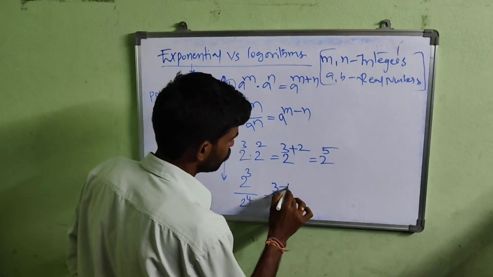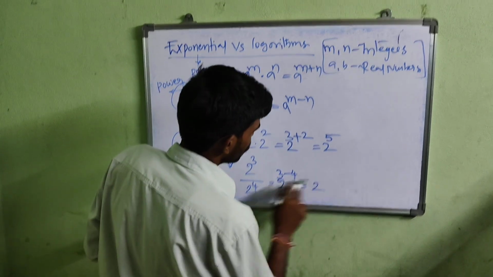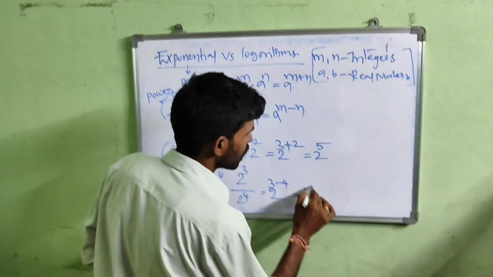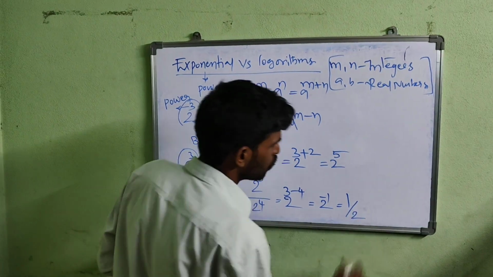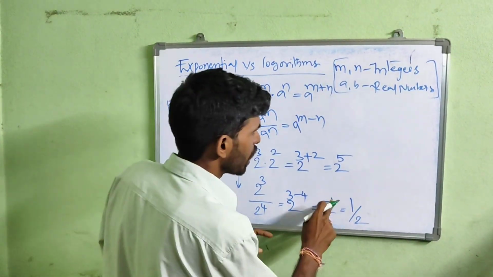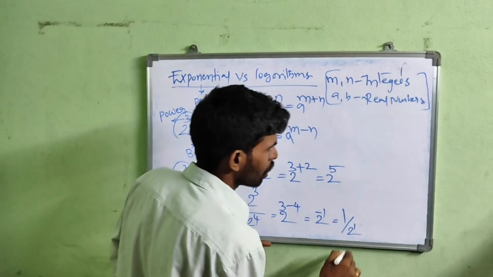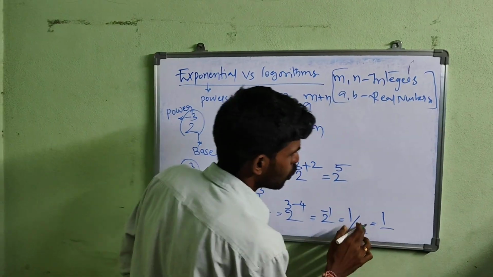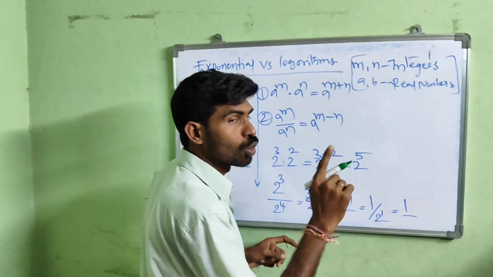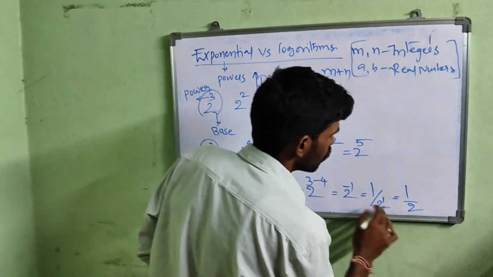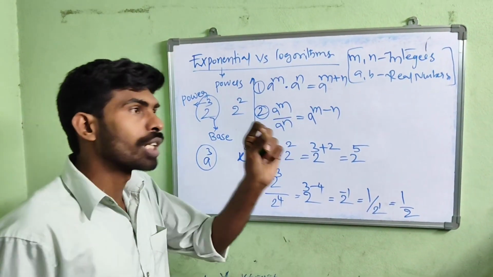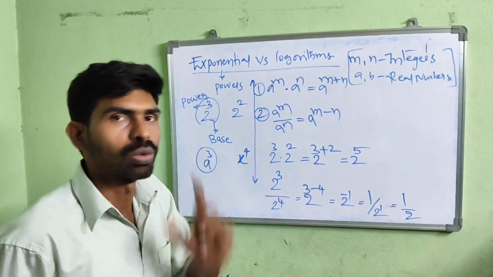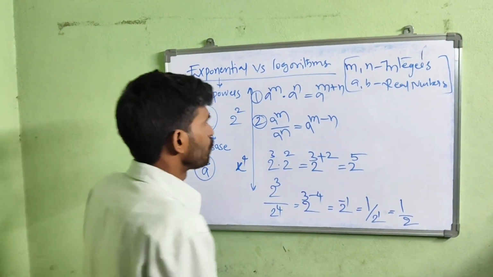How much is 3 minus 4? Minus 1. 2 power minus 1 is nothing but 1 by 2 power 1, which is 1 by 2. 2 square means 2 two times, 2 into 2, which is 4.